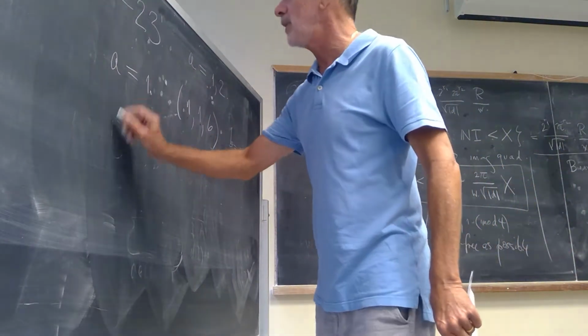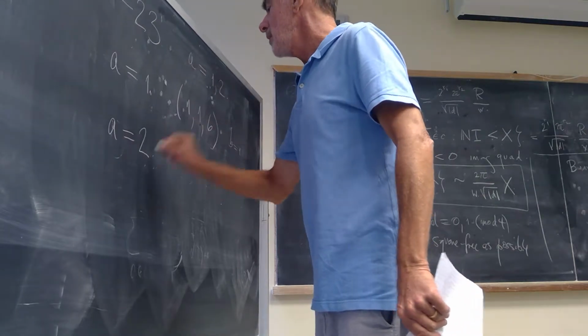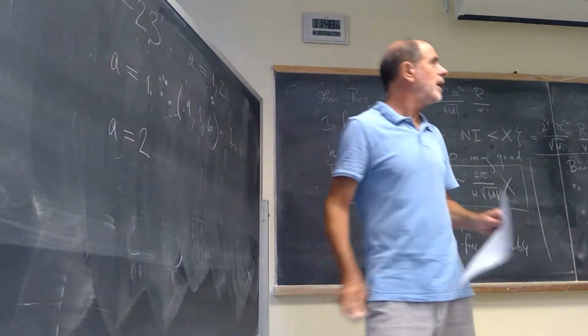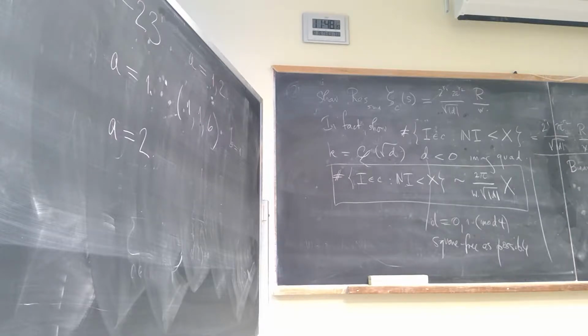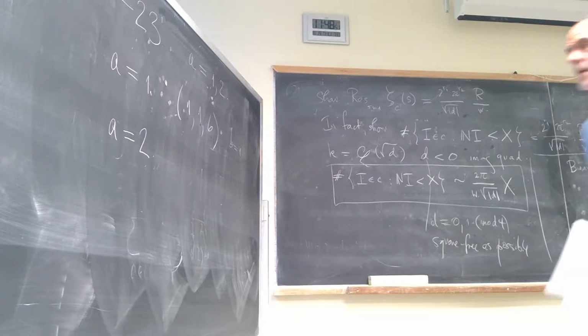And then if A is equal to 2, well, that gives a little bit more room for B. You see, B can be between 2 and minus 2. Again, it can't be even, because then this number would be even, which it isn't. So B has to be odd, so it could be 1 or minus 1.